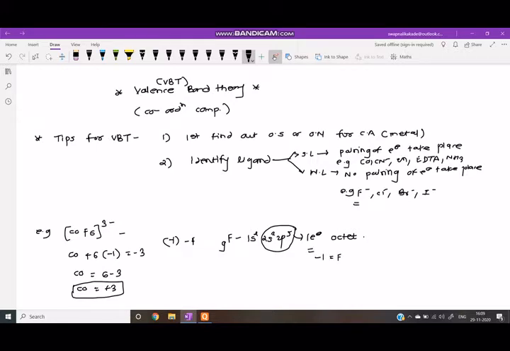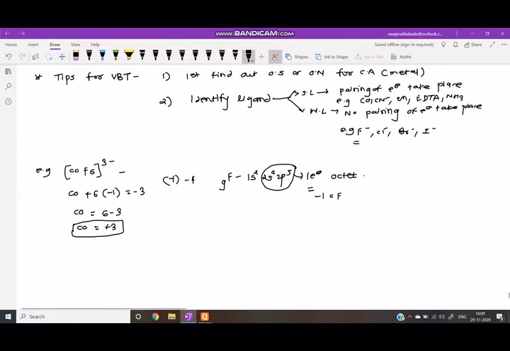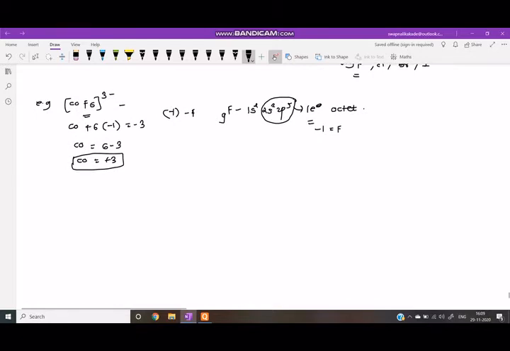Now we find out which type of ligand. Here the ligand is fluorine. This is a weak field ligand, therefore no pairing of electrons takes place. Now we can write the electronic configuration for cobalt. The atomic number of cobalt is 27. The electronic configuration is argon 3d7, 4s2, 4p0, 4d0.